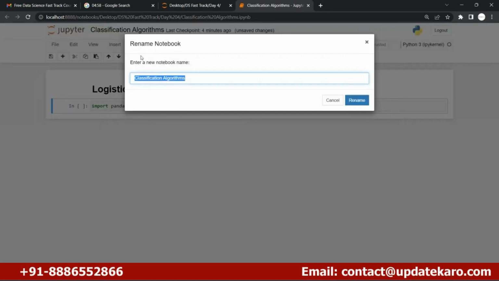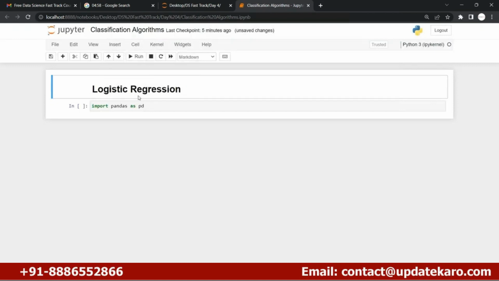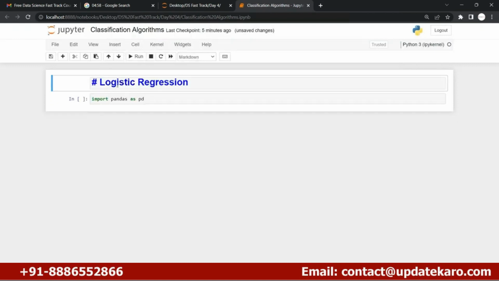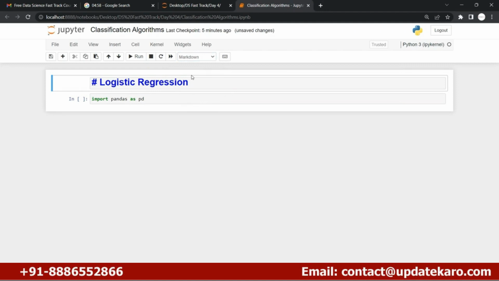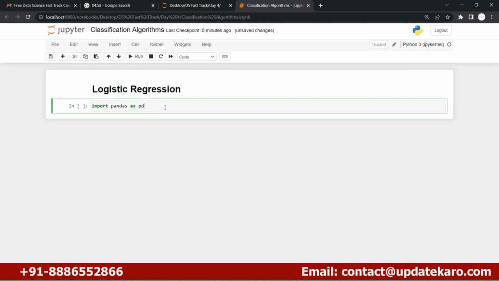If you want this kind of title, you will have to convert your coding cell to a markdown cell. This is my coding cell; I just converted it to a markdown cell and I got the title. So this is how you can create the title.